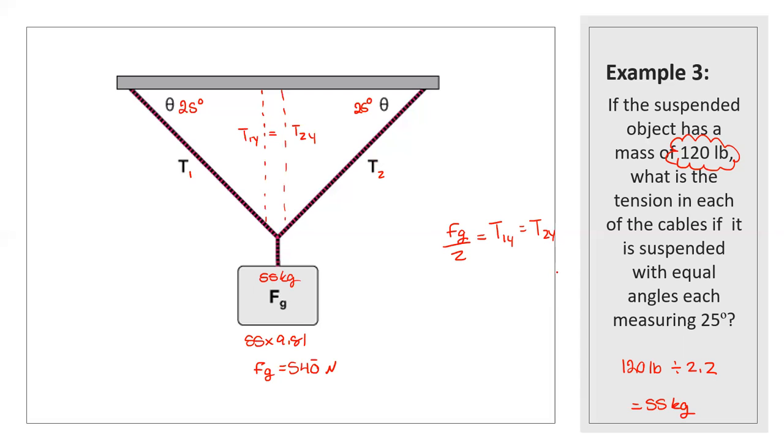Because they're the same, you could just call it TY. You just have to remember that there's 2 cables, so each strand supports half of the vertical weight. So T1Y is equal to 540 over 2, which gives us 270 newtons.